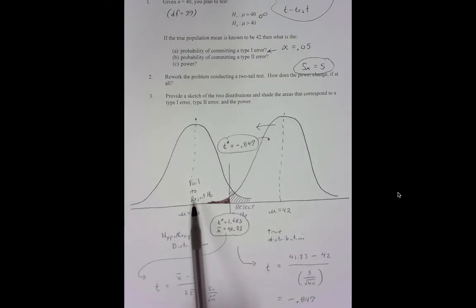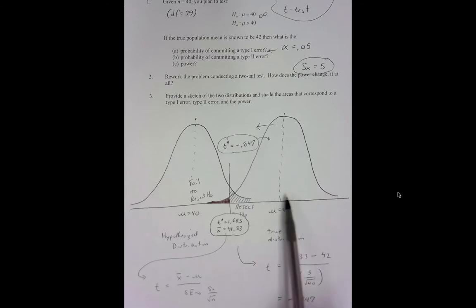But we kind of have a luxury here, and trust me, this doesn't happen in research, but we have an interesting caveat here that we know the mean is 42, so we are truly drawing from this distribution. So any calculations on our probability of a type 2 error have to come from the distribution from which we are drawing. Anything to the right of this line right here is going to lead to rejection.